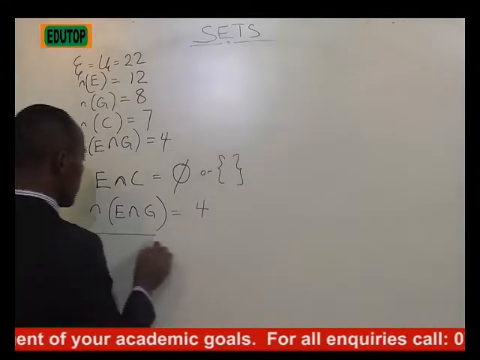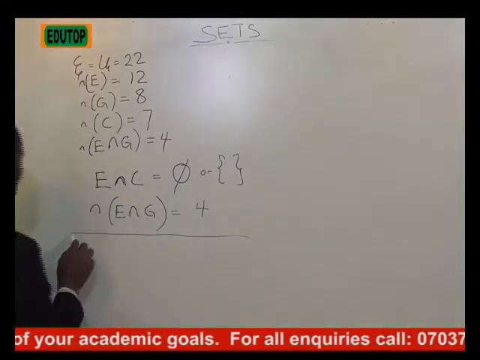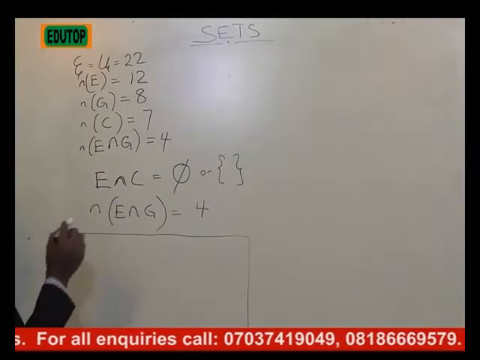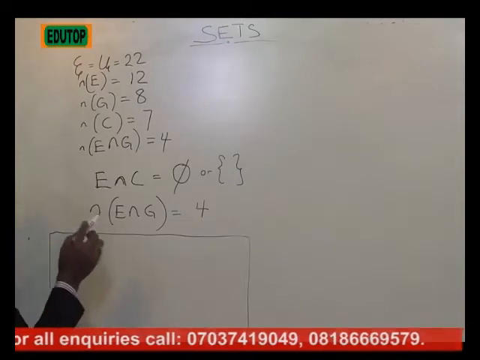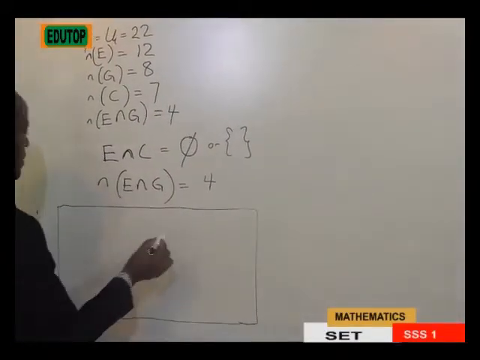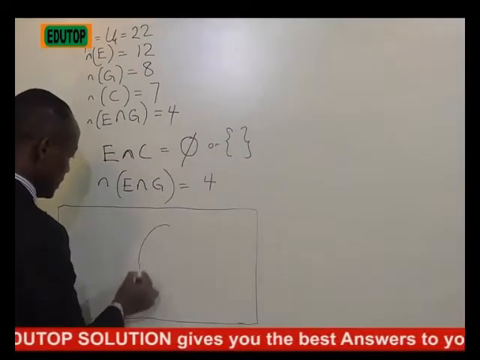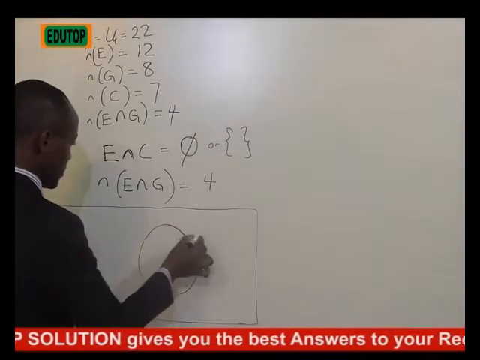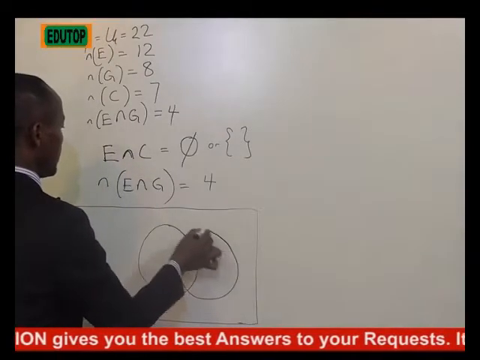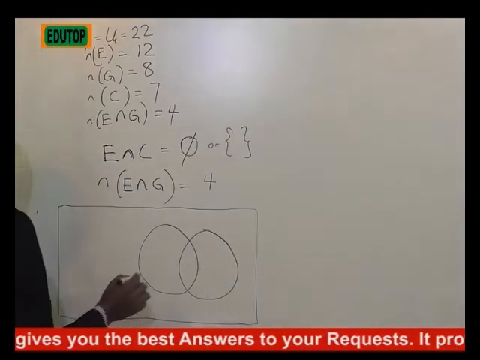A universal set is represented by a box. Now we have 3 sets. Remember that it's only E and G that intersect. C and E do not intersect.